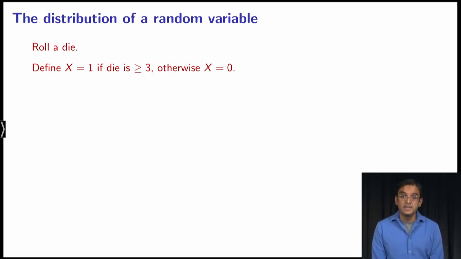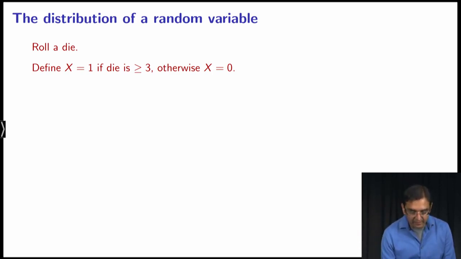Given our interest, the way we define a random variable is we say, okay, we have x and we're only going to have it take on two possible values. We'll say x is 1 if the die is greater than or equal to 3, and otherwise x is 0. Okay? So the random variable we've defined in this case takes on values either 0 or 1.